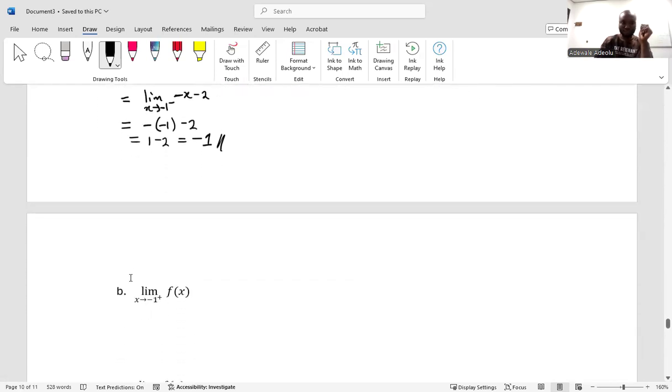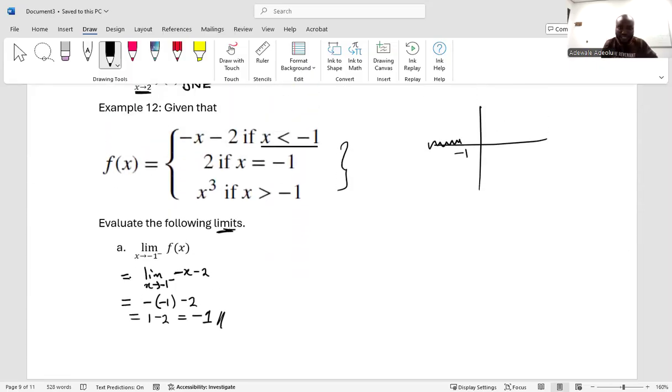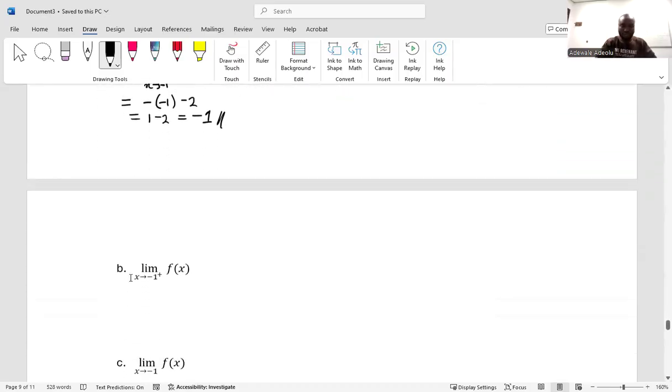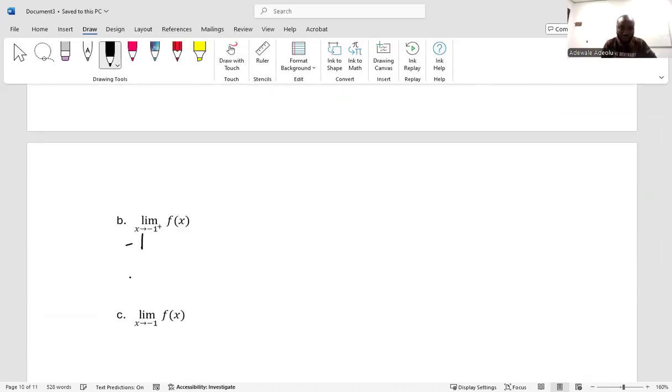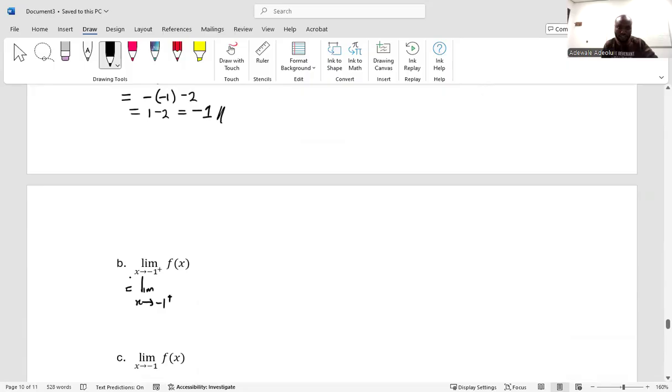The second one is from the right. Now let us study this function again from the right. Here it is saying x is exactly -1. That is not what we want. We want this part, where x is greater than -1, all the values greater than -1, from the right. In that case, that is equal to the limit as x goes to -1 from above of x cubed.